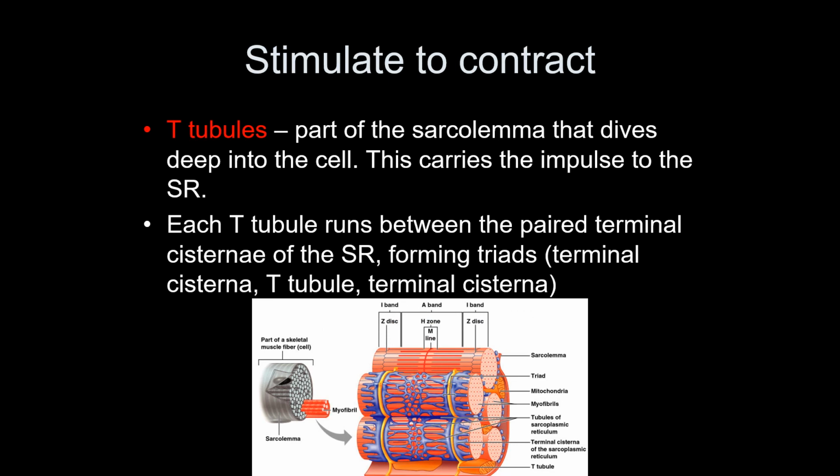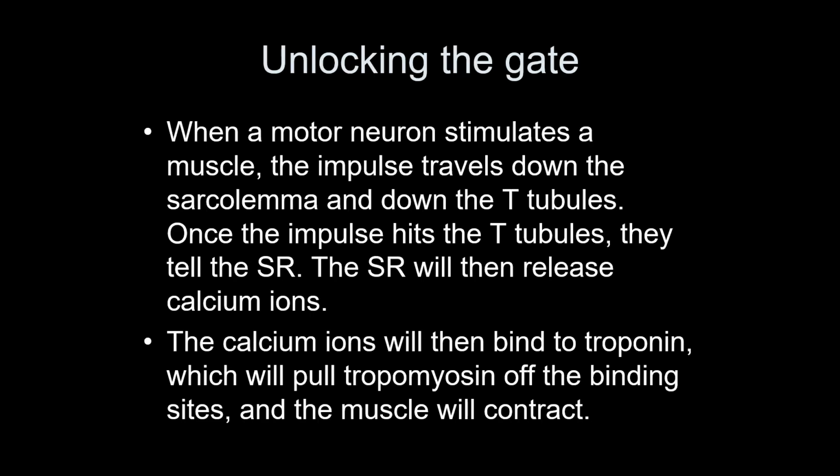The T-tubule is that infolding of the sarcolemma that dives deep into the cell, because when a nerve communicates with the cell, it communicates with the outside, but we need that information to travel into the cell so that the SR will release the calcium. So that's what these do. They dive deep into the cell and talk to the SR, and when they're stimulated, it tells the SR to release the calcium.